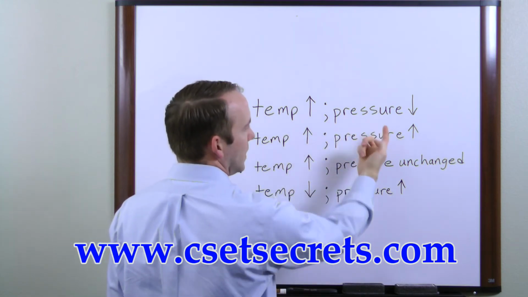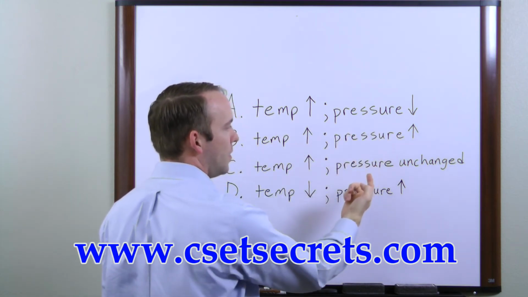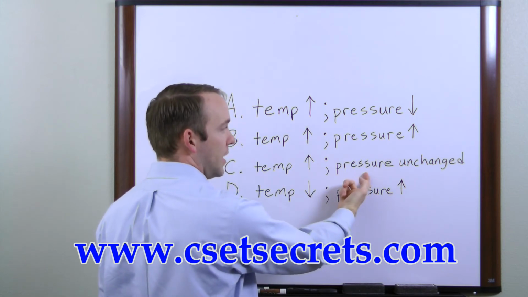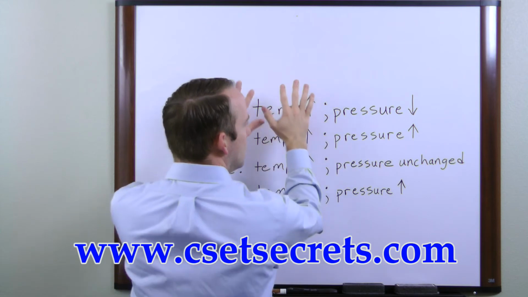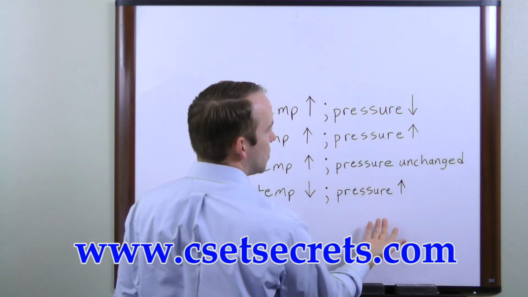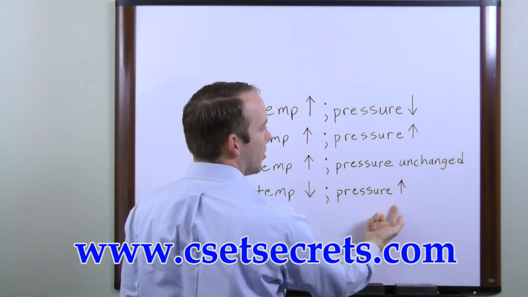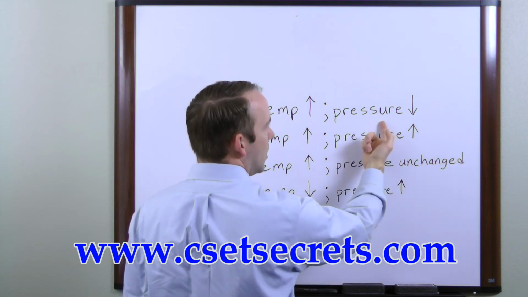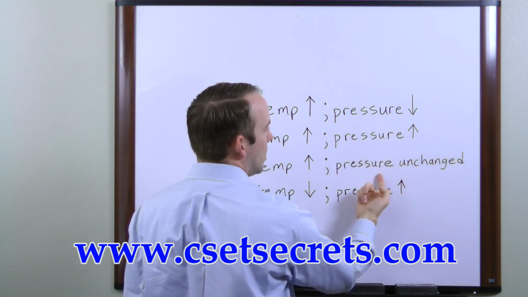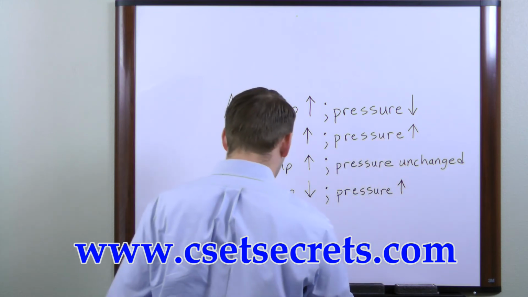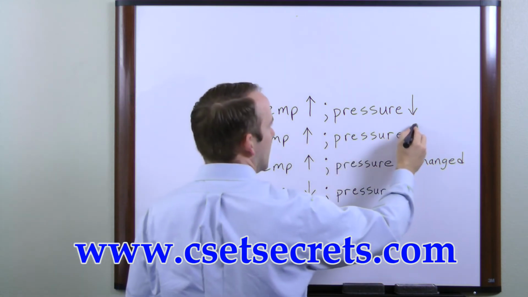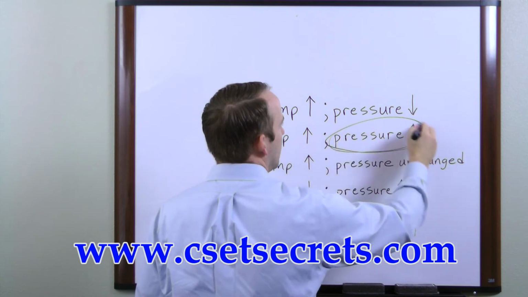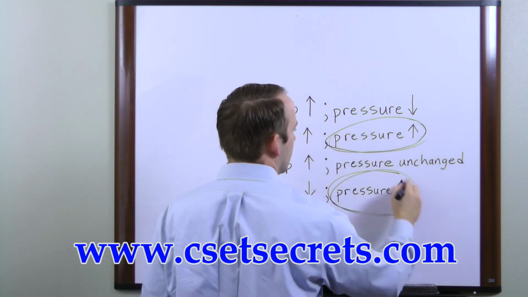We have pressure going down, pressure going up, pressure stays unchanged, and pressure going up. So out of the 4 choices, 2 of them have pressure increasing, 1 has pressure going down, and 1 has pressure being unchanged. And so again, if you were just guessing, you would say that the answer was probably going to be one of these 2.